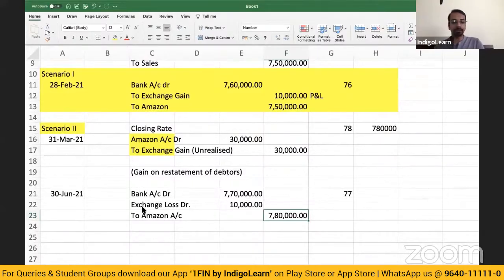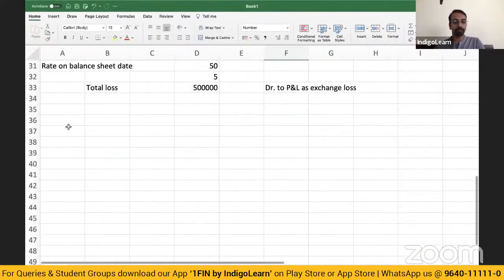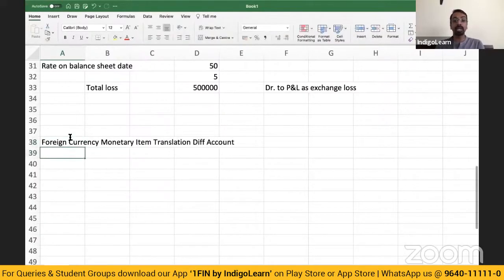FCMITDA is, just write it here, foreign currency monetary item translation difference. Now, what does this mean? If the entity chooses to apply this para 46A option, if it is a depreciable asset, you will either debit or credit to the corresponding fixed asset or PPE.